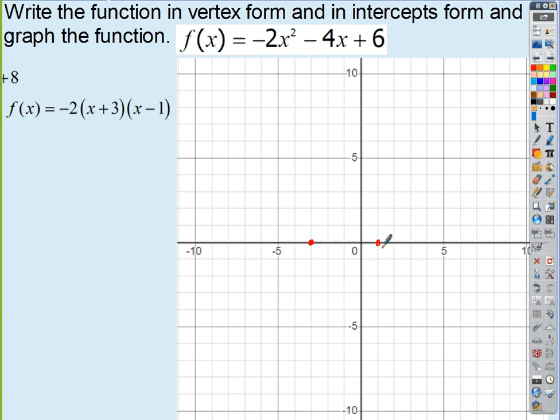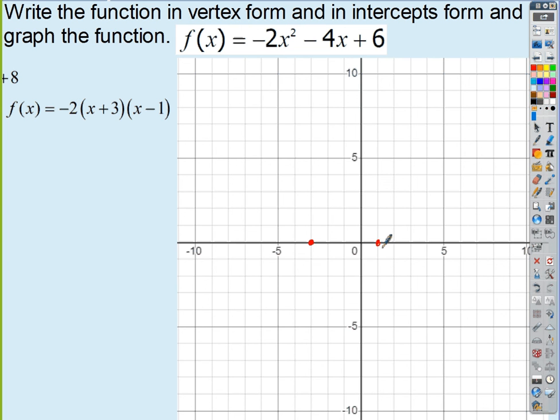What does that mean when objects have that kind of, where you can fold them over and they line up perfectly? Symmetry. Yeah, they've got that line symmetry, the folding symmetry, right? And the line of symmetry is the fold on the paper, isn't it? So what's the x value where the line of symmetry is going to sit?